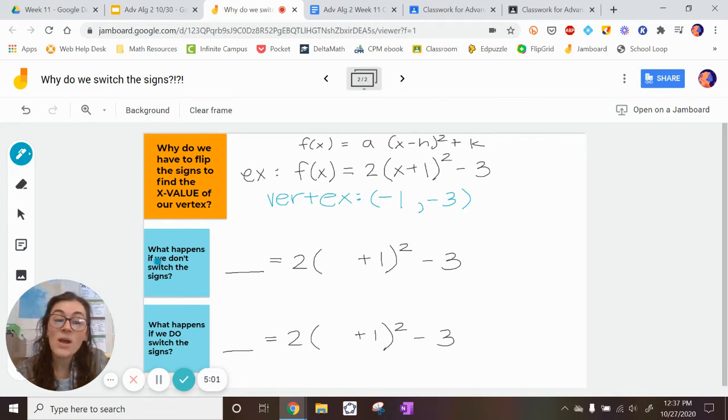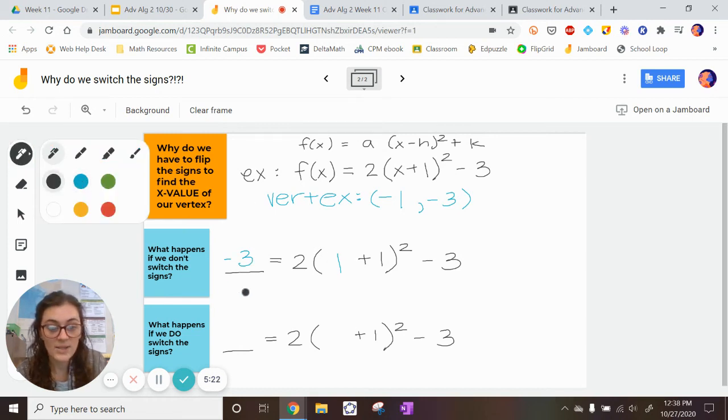So if we had not switched the signs, if we had just kept it as a 1, let's replace all of our x's in the equation with a 1. And then our y value is supposed to be negative 3, because regardless of the math, if you graph this equation, this is going to be your vertex. So negative 3 should be our y value. And now let's simplify a little.